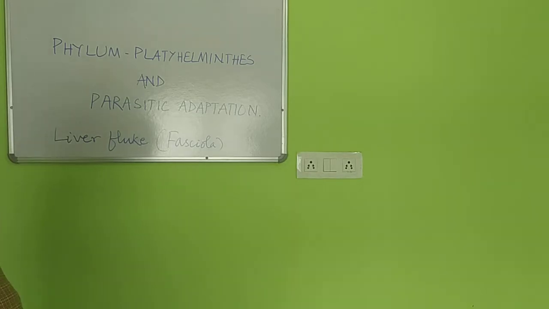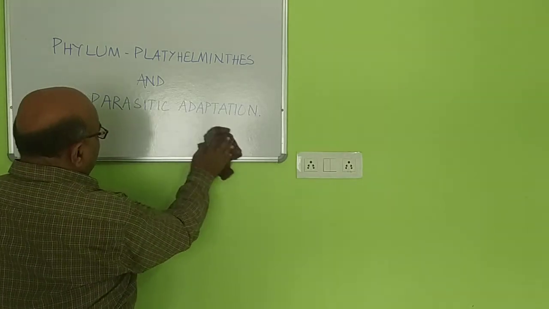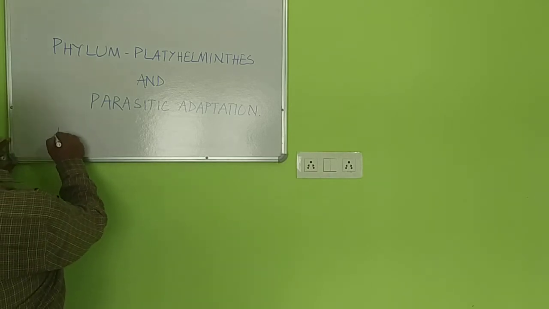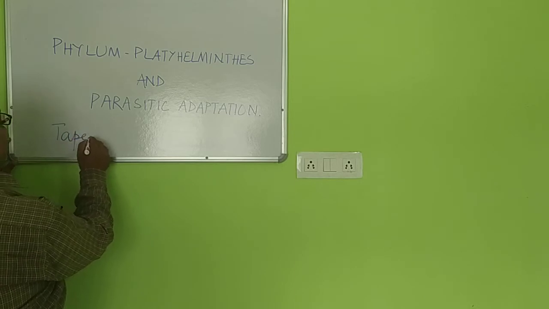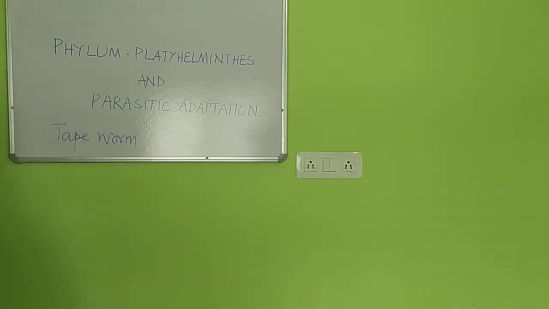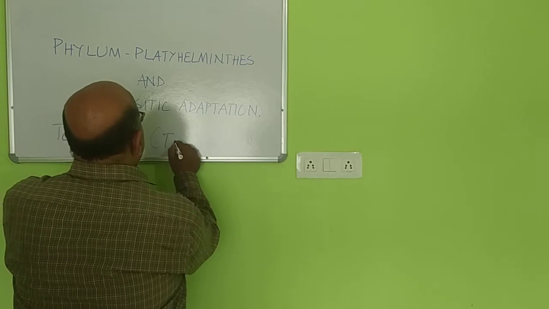And third, we take another example, the tapeworm, T-A-P-E-W-O-R-M, a ribbon-shaped animal. Its name is Taenia.